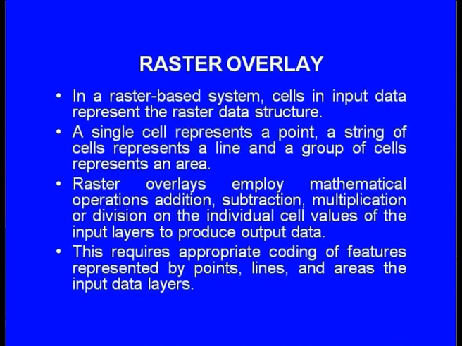Raster overlays employ mathematical operations such as addition, subtraction, multiplication or division on the individual cell values of the input layer to produce an output data. This requires appropriate coding of features represented by points, lines and areas in the input data layer.